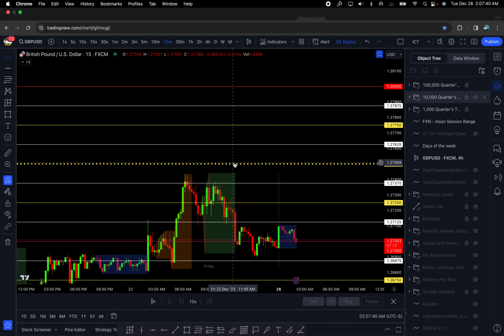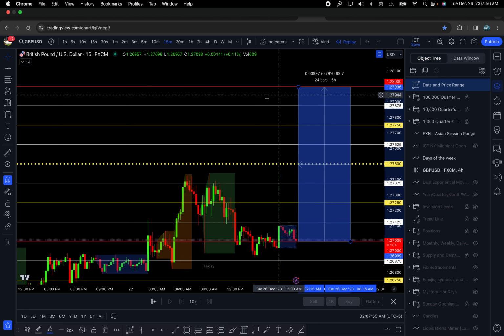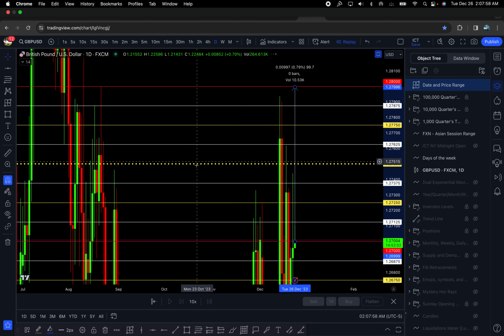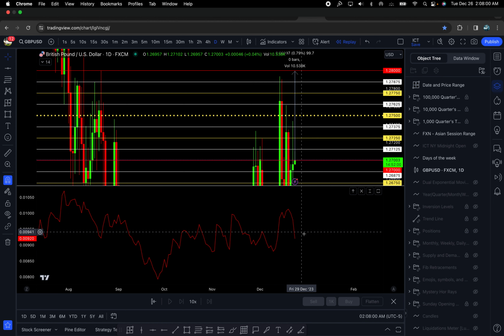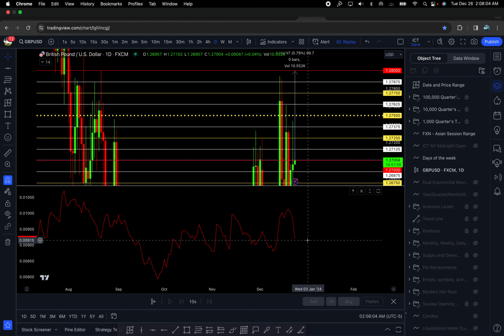You have the whole New York range right here, and that's inside half of this 1,000 range right here. See, and basically when you see the daily range. So when we check the average daily range, if we have ATR, the average true range on the daily chart, we can find a very, very accurate average daily range.